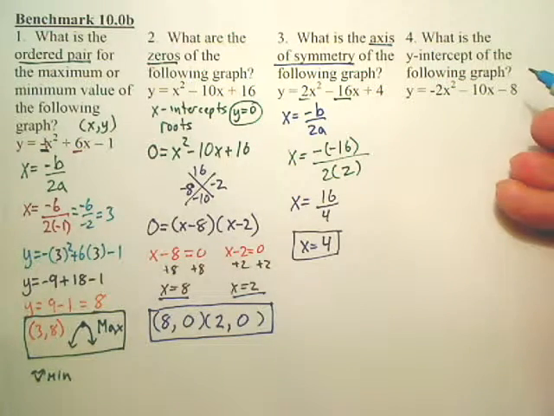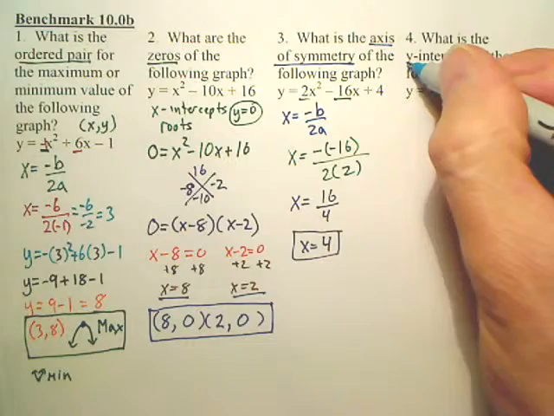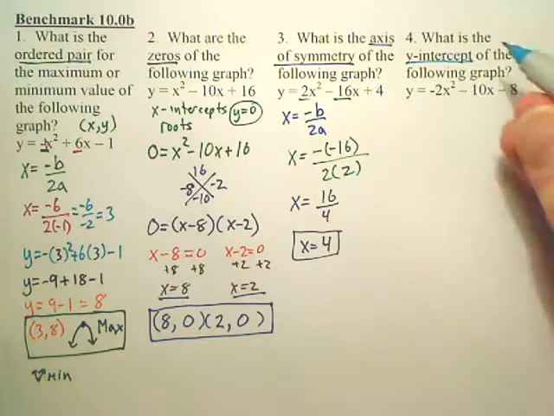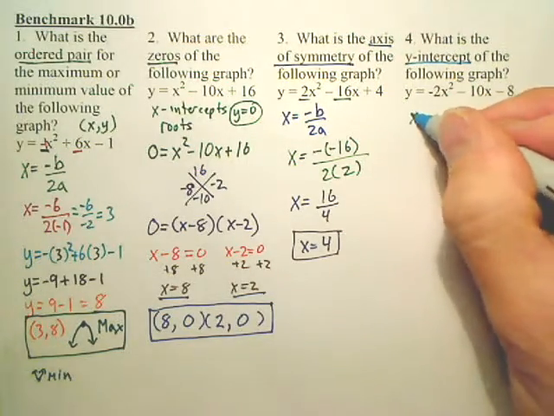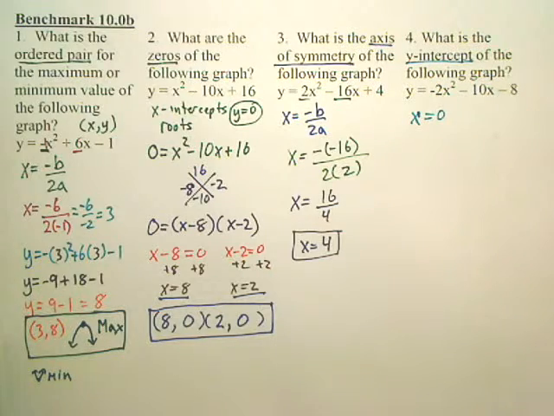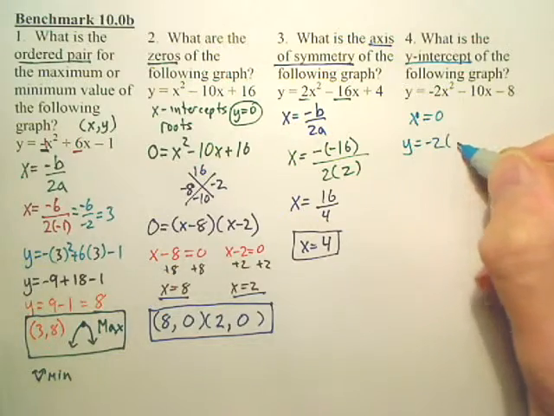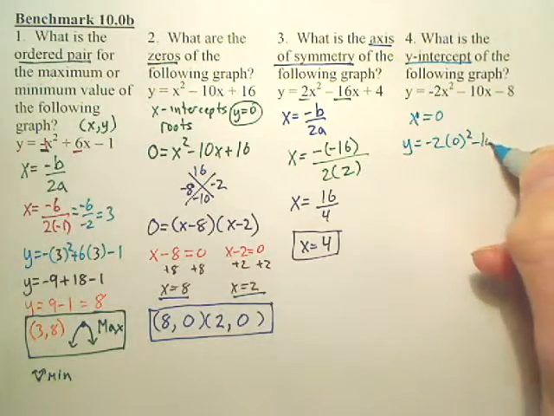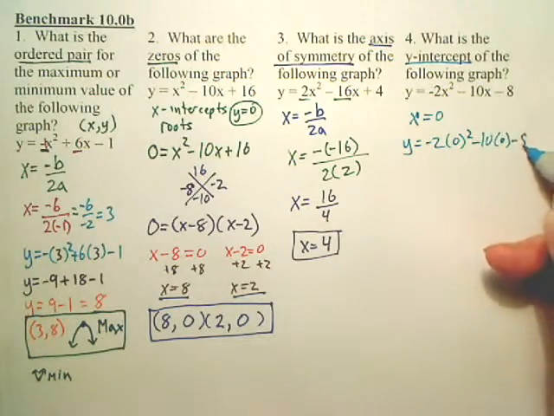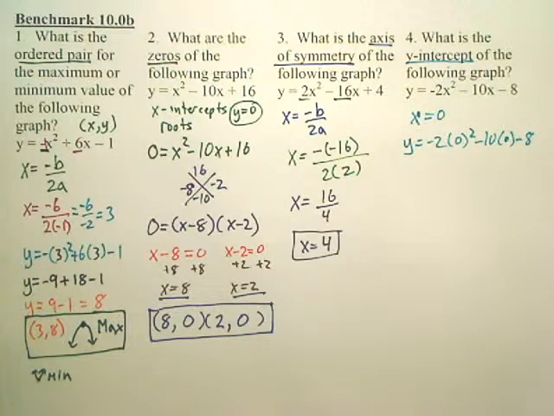The last question, the easiest one. I want my y-intercept. To find my y-intercept, x equals 0. So all you do is plug in 0, and what's my answer going to be?